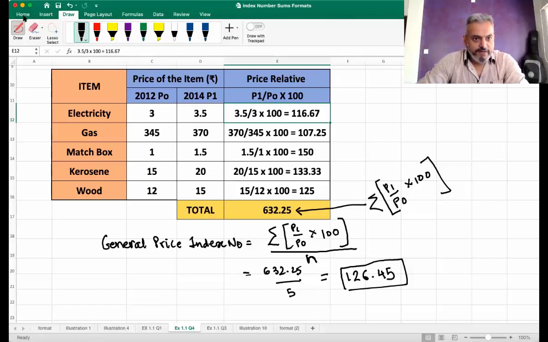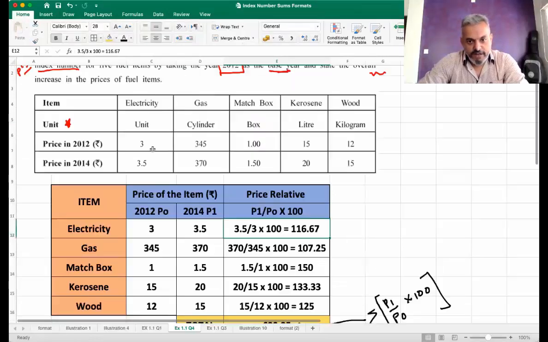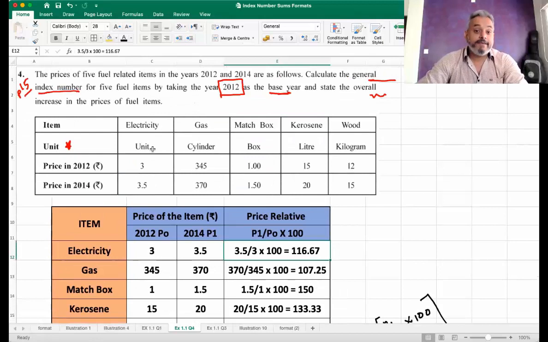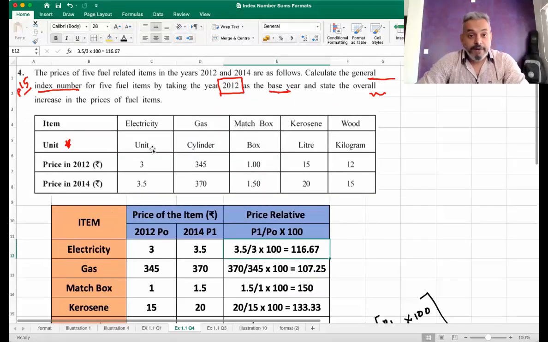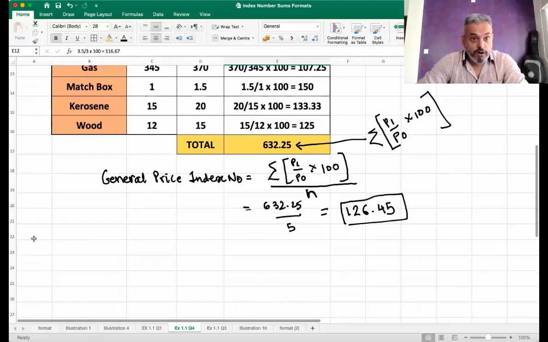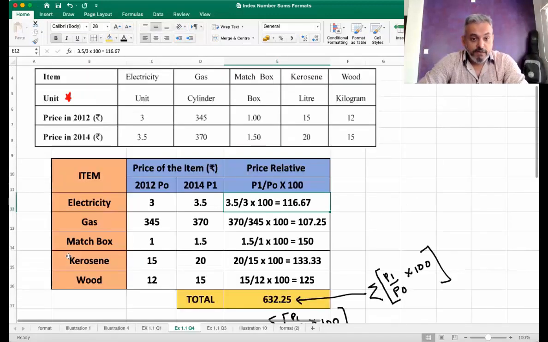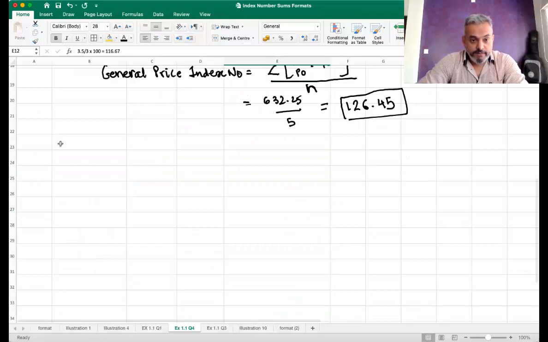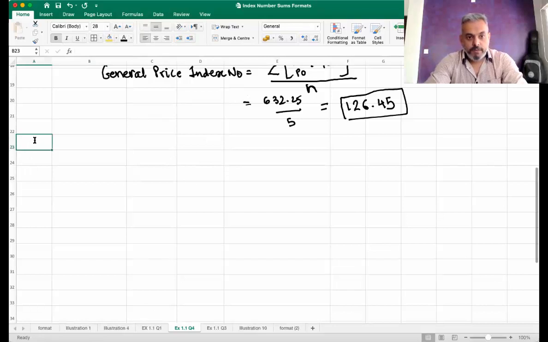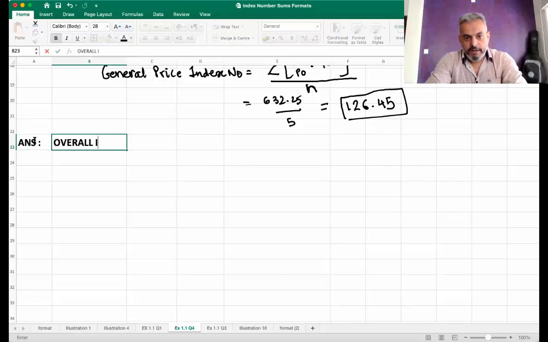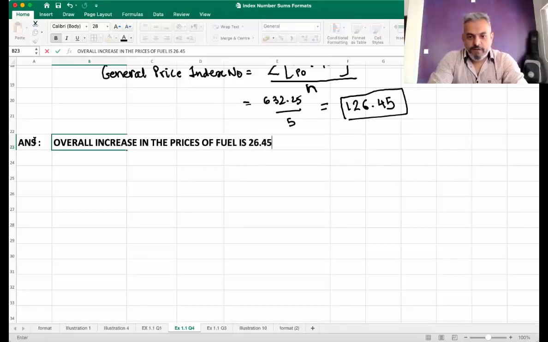Now we have to write the final answer, because here we are asked what is the overall increase in the prices of fuel items. So overall how much increase happened, we have to write. So let's write the answer: overall increase in the prices of fuel is 26.45%.